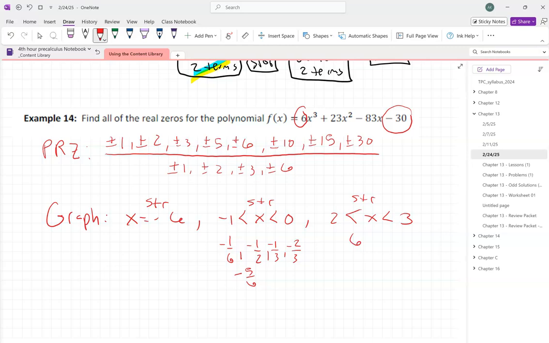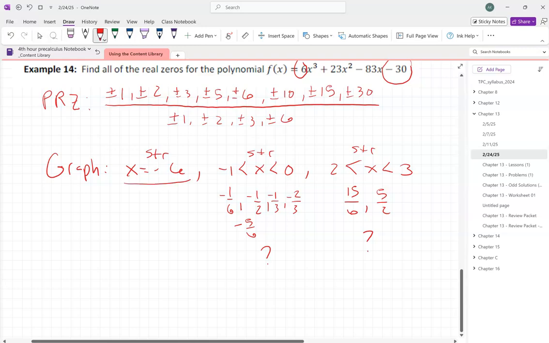It could be 15/6, and 5/2 is also between that. I don't know if there's another one, but we're not sure. So any possible zero from there that we picked would still be kind of a guess. I'm not really into guessing. I'm just going to choose this one to be my starting spot.